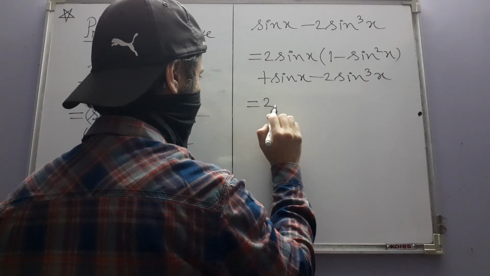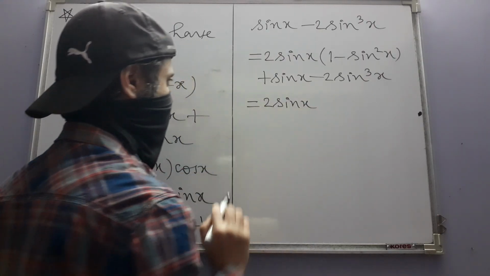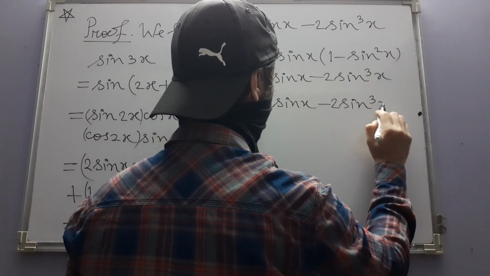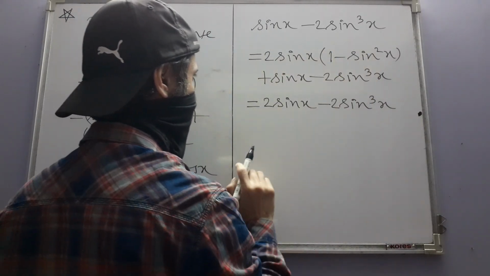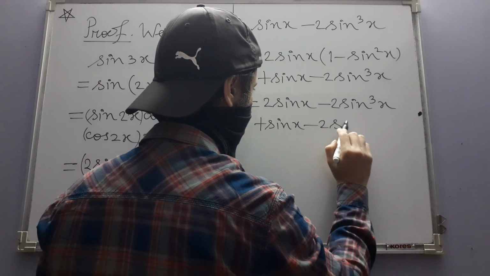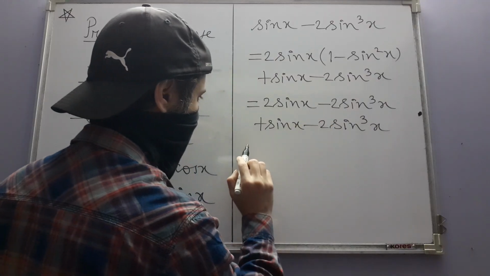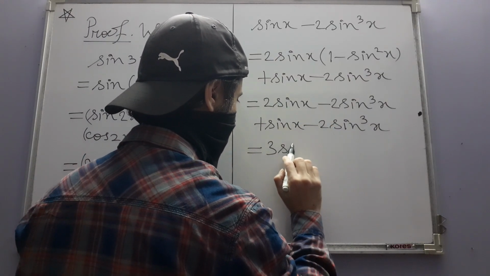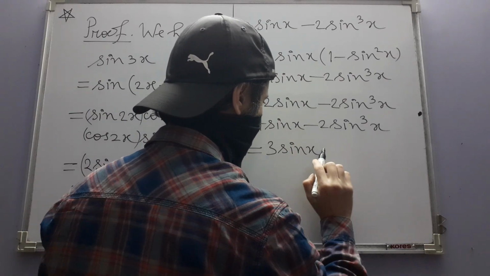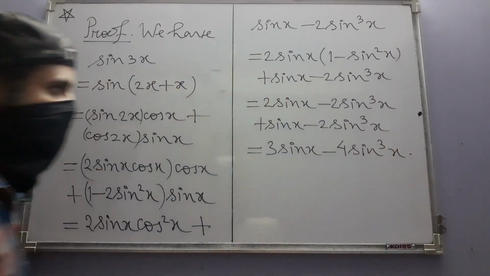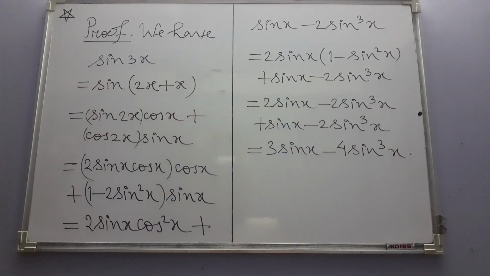So after multiplication, you are going to have 2 sin x minus 2 sin cube x plus sin x minus 2 sin cube x, and that's why the end result is 2 sin x and 1 sin x become 3 sin x minus 4 sin cube x. Okay, so this is the triple angle formula for sine.